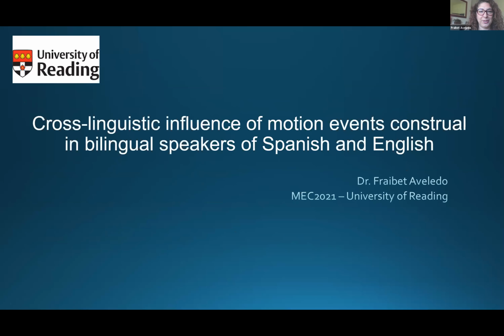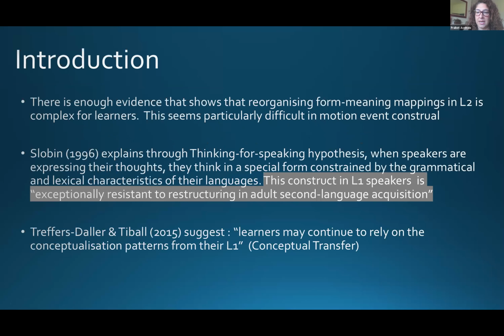Perfect. Okay, thank you, everyone. First, I think I don't need to go into the introduction because this is what we have been doing, particularly today. So it's similar to what Simona and Aline have done. I'm interested in studying how learners of a second language rely on conceptualization patterns from the L1, so whether they present conceptual transfer.